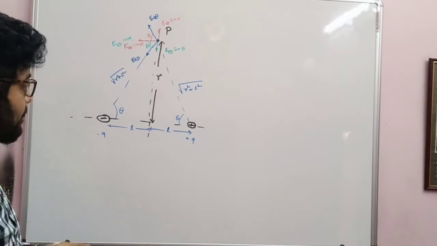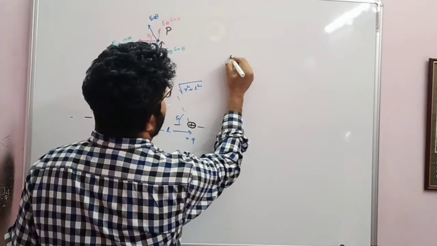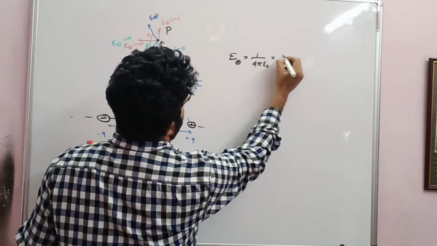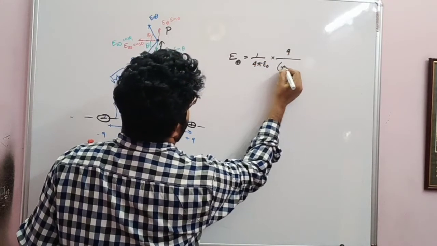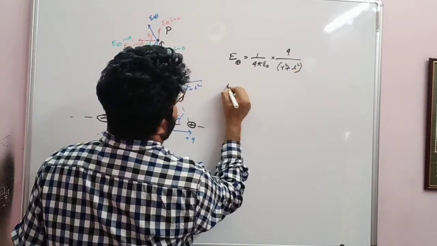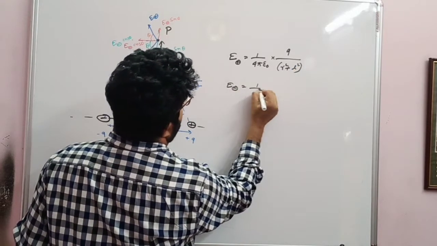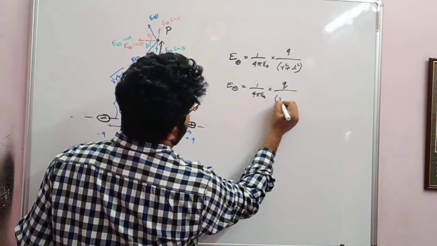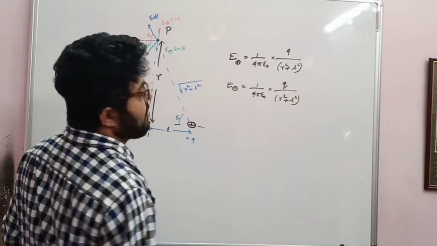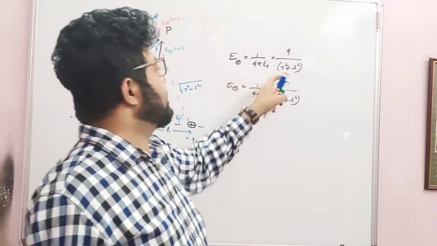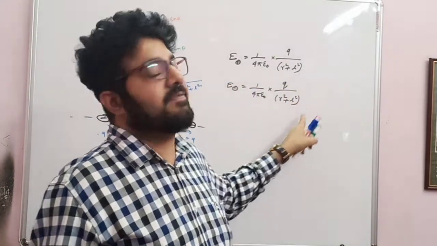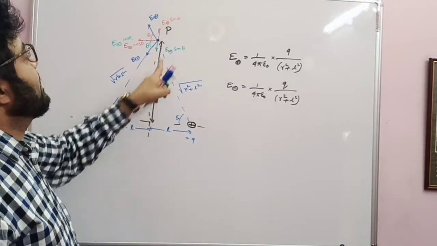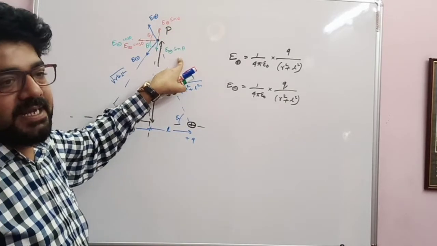Now, first of all, the value of E plus is 1 by 4 pi epsilon naught Q by R square plus L square, and E minus is 1 by 4 pi epsilon naught Q by R square plus L square. Now see, E plus and E minus have exactly the same magnitude. So we can say clearly from the figure, E plus sin theta is cancelled by E minus sin theta.